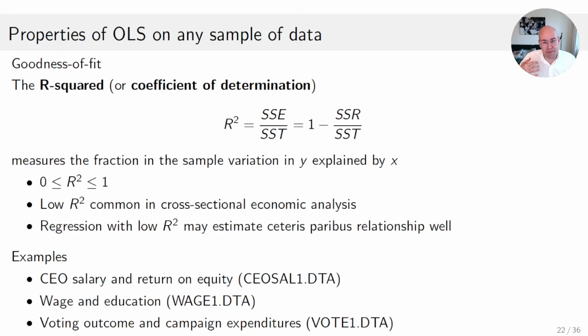Now, taking this as a starting point, what you can do is develop or write down a measure that is useful because it's unit free. So it's called the R-squared measure.